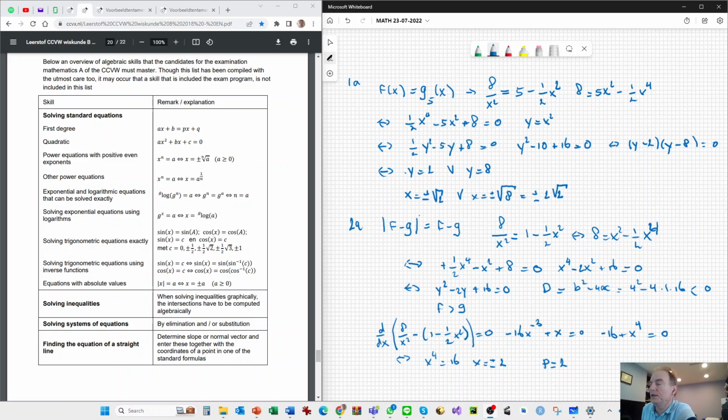And solving something like x to the power 4 equals 16 is something mentioned also in the materials in other power equations, that x to the power n is a means that x is plus or minus the nth root of a, which in this case is the fourth root of 16, which is plus or minus 2.